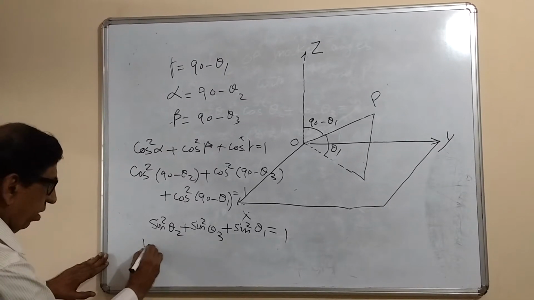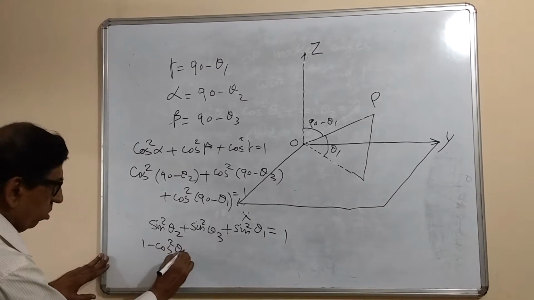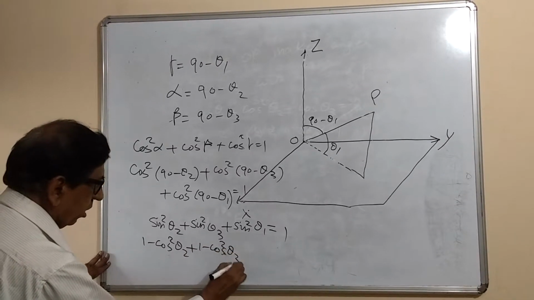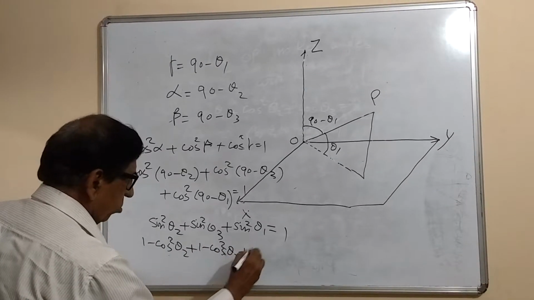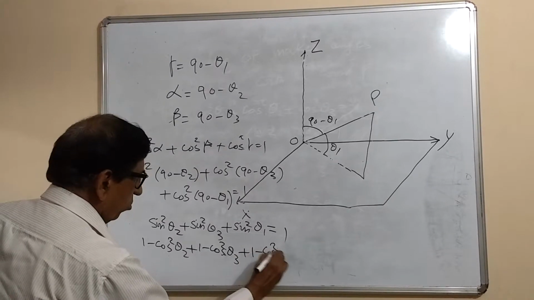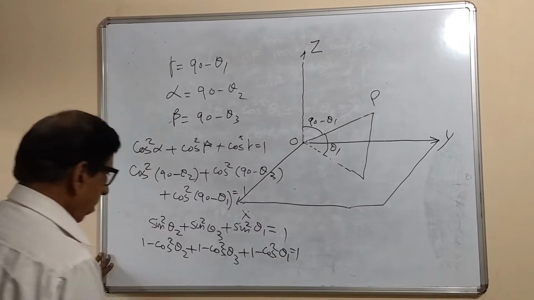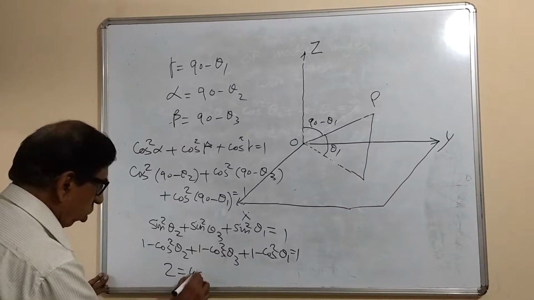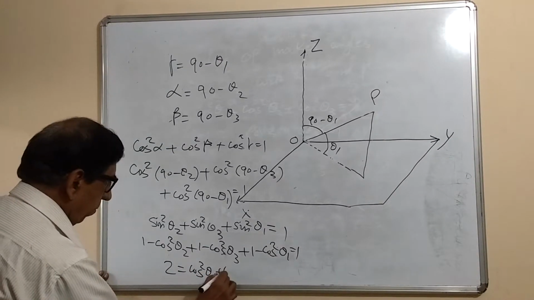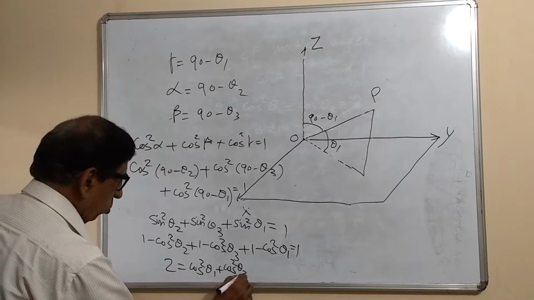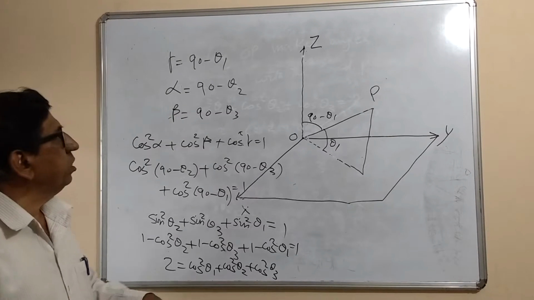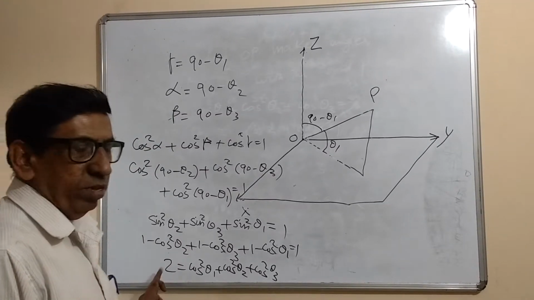But sin square is 1 minus cos square, so 1 minus cos square theta 2 plus 1 minus cos square theta 3 plus 1 minus cos square theta 1 equal to 1. Therefore, 3 minus 1, that is 2, equal to cos square theta 1 plus cos square theta 2 plus cos square theta 3. So option 2 is correct.